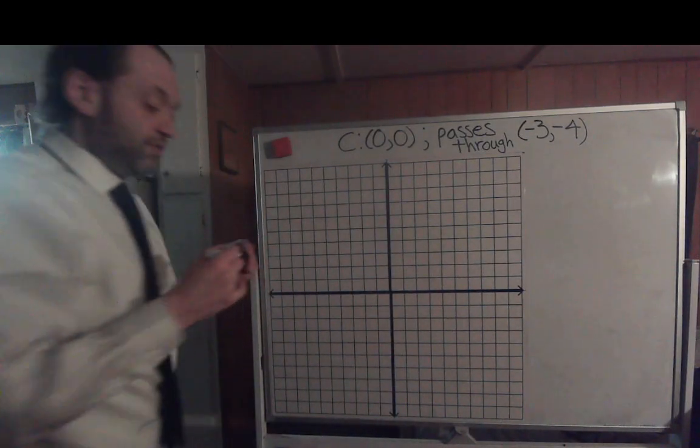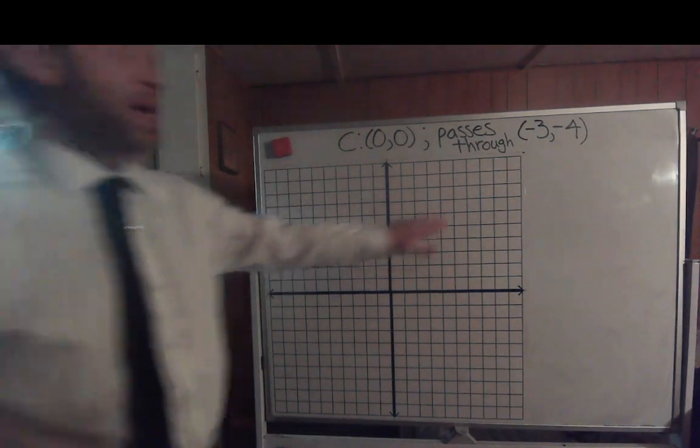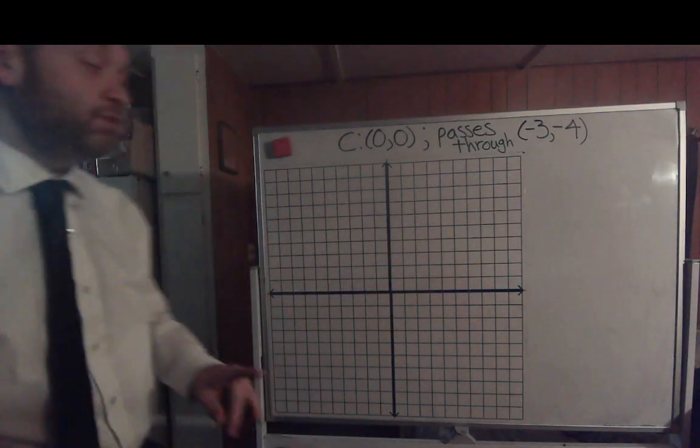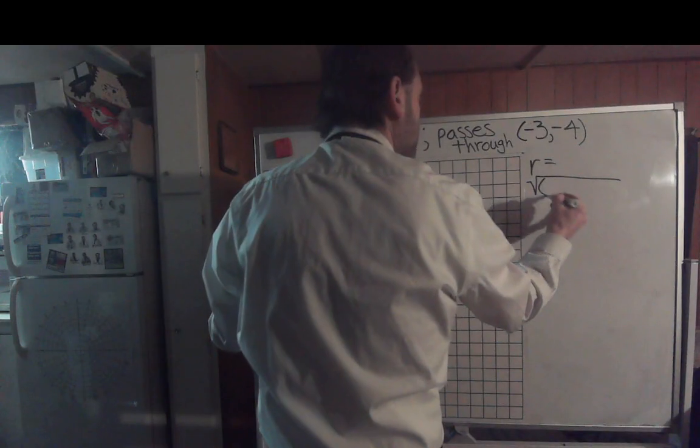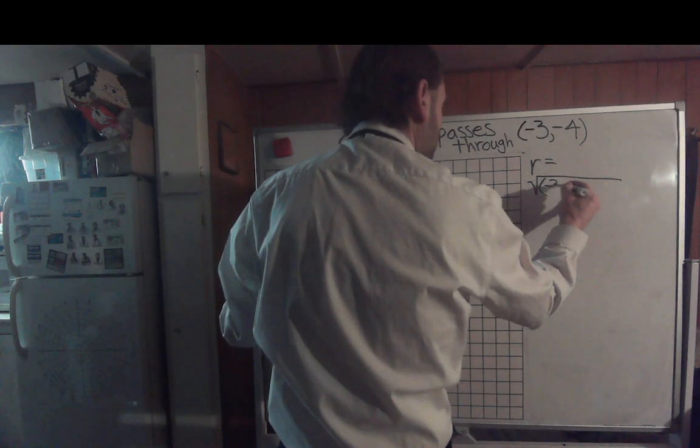This time it passes through the point -3, -4. So we have a circle with center 0, 0, but it passes through the point -3, -4. We know the center, but we don't know the radius. So let's go ahead and find the radius using the distance formula. That'll be the square root of your x2, which is -3, minus your x1 of 0 squared, plus your y2 of -4 minus your y1 of 0, that quantity squared.